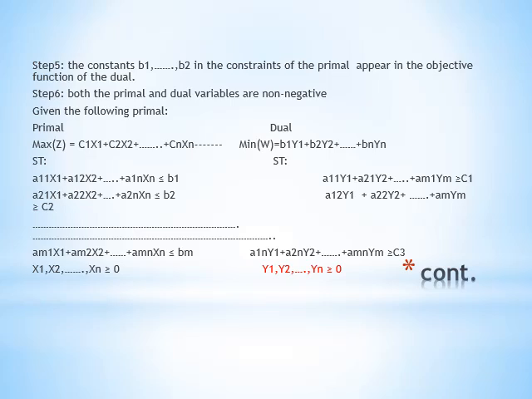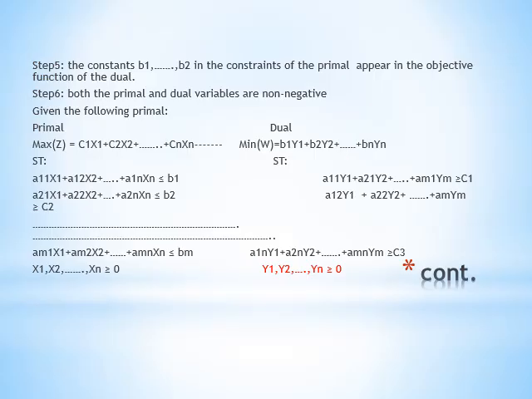Now, objective function, constraints, non-negativity condition, etc. Please focus on the left side of this slide, the primal problem. The right side is the dual.